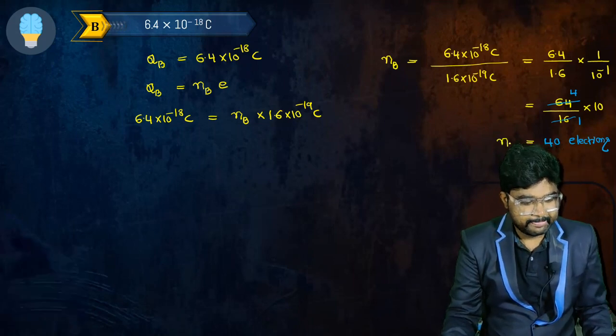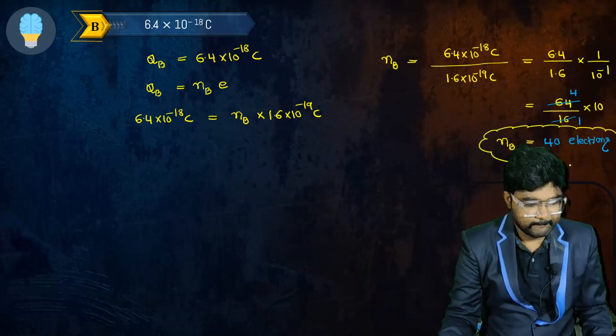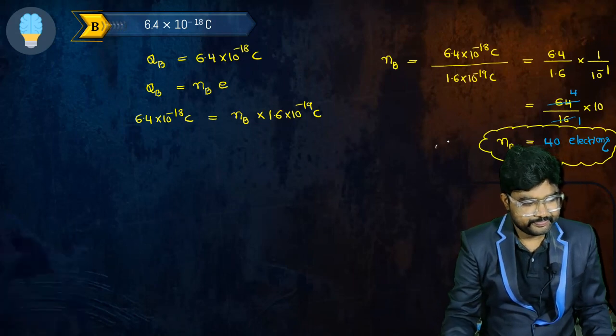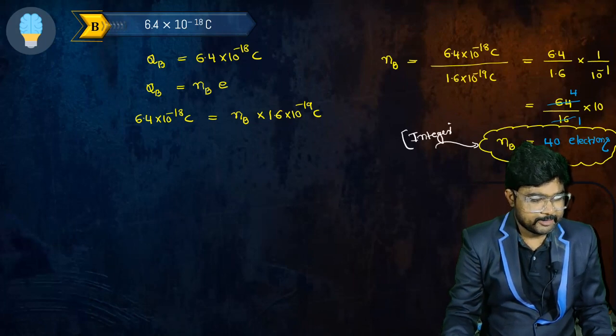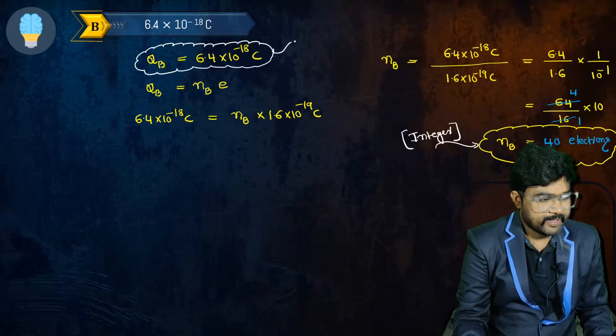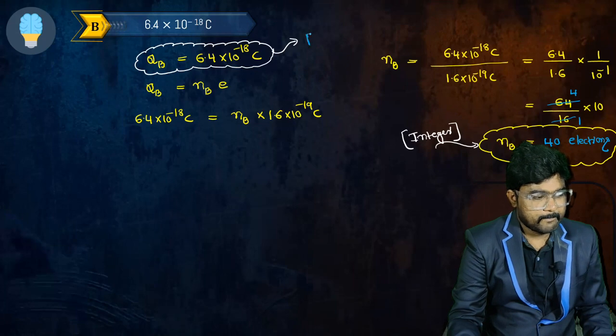N_B, possible charge. It's an integer value. Understood? That means this charge is possible.